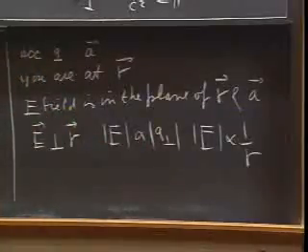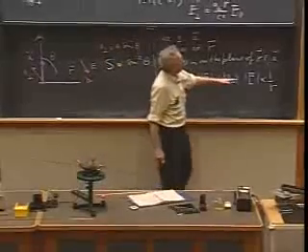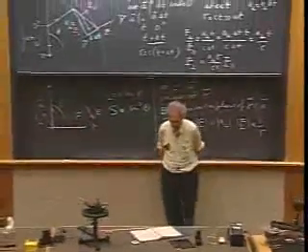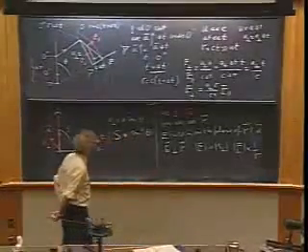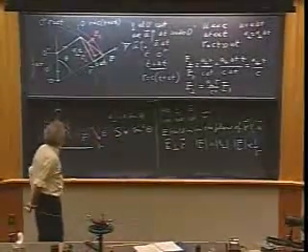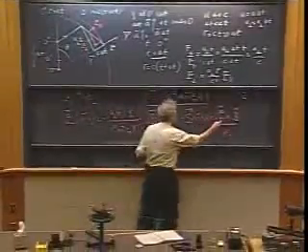If Q is negative, then it is in the direction of A perpendicular. The 1 over R is an obvious thing. It's a consequence of the conservation of energy, because the Poynting vector is proportional to E cross B. So the Poynting vector is proportional to E squared.